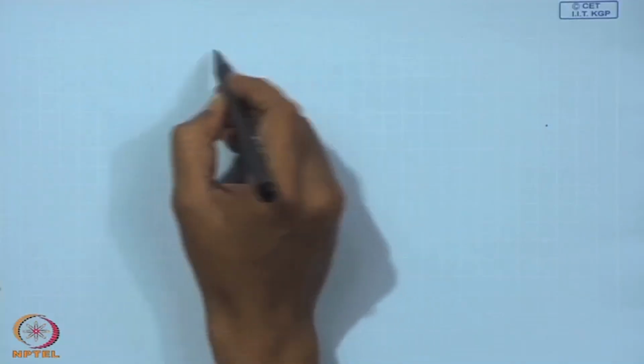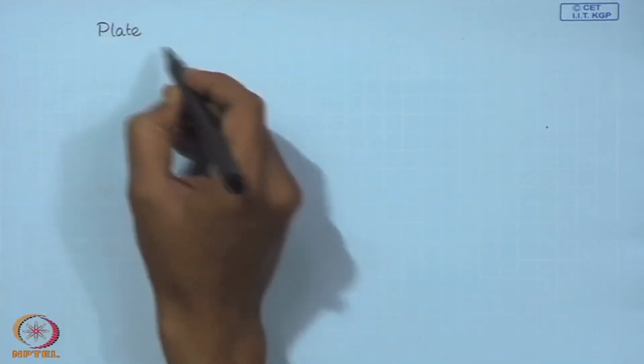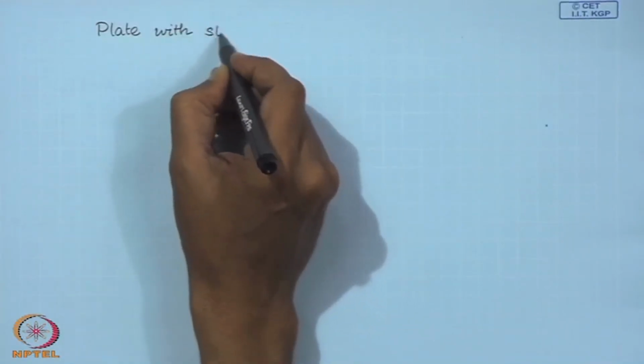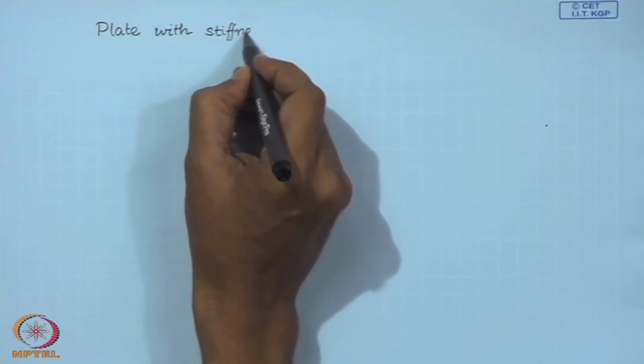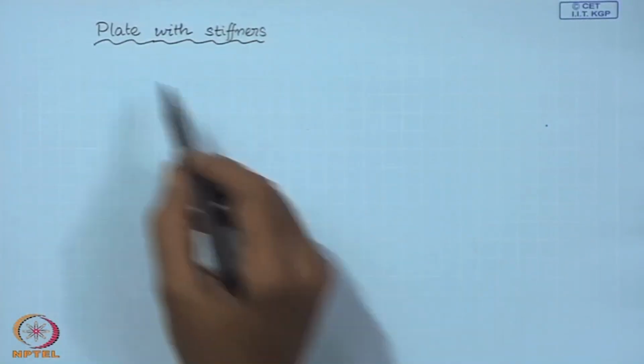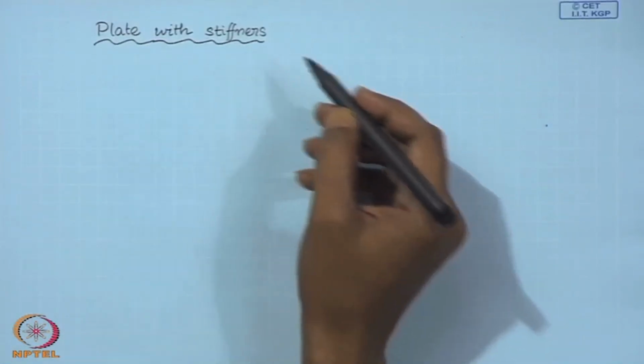The next problem that we are going to look at is, we have a plate, and we would like to see what happens when a plate is having stiffeners.